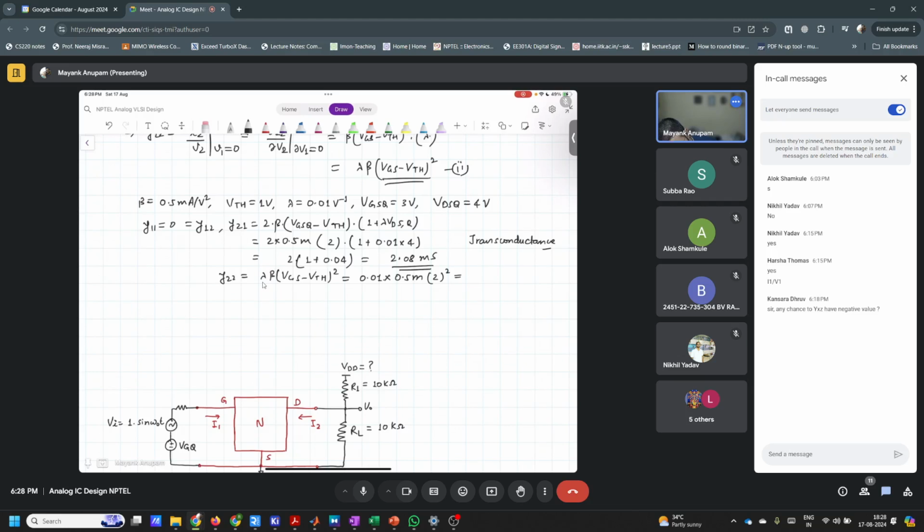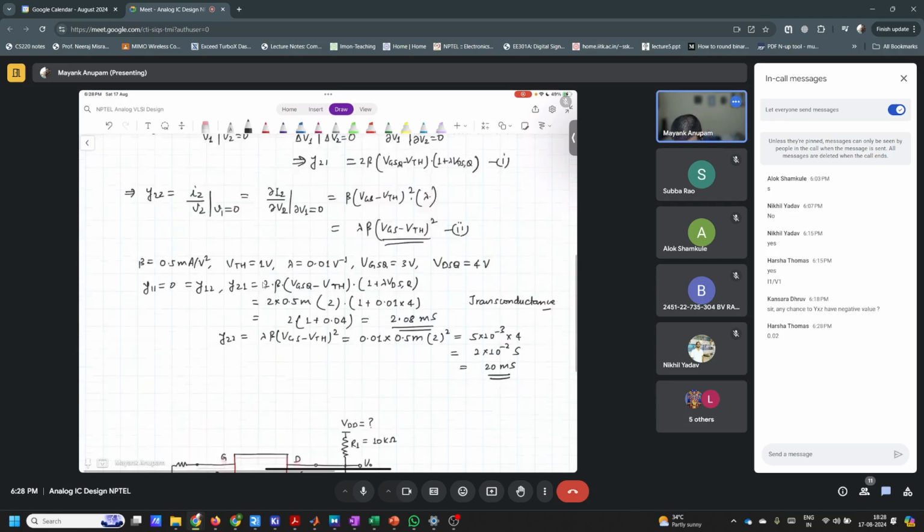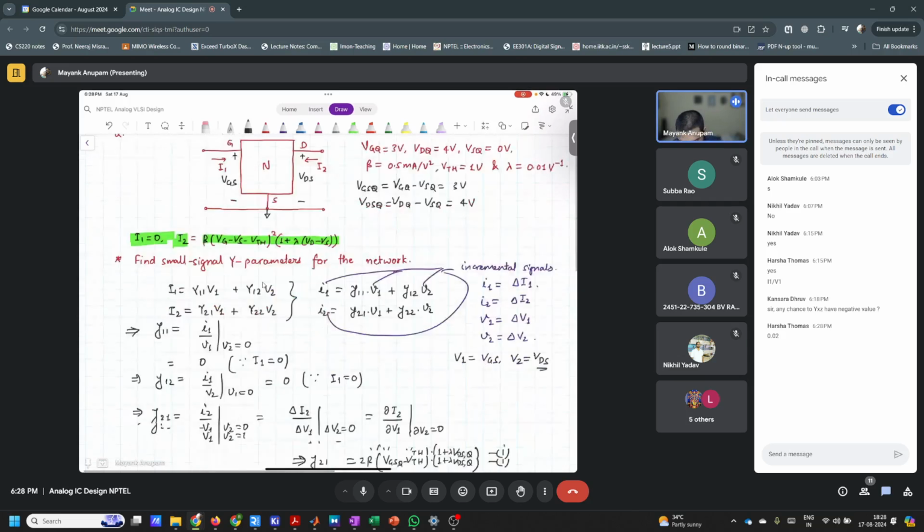So this becomes 5 into 10 to the power minus 3 into 4, 20 into 10 to the power minus 3, right? Again Siemens. So which is how much? 20 millisiemens. Correct? Is this right? Yeah, it is 0.02. Fine. So we have found out all the Y parameters of this network.